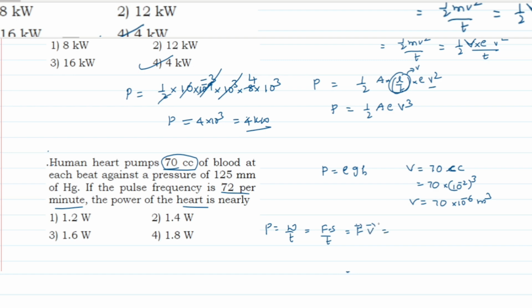Now you have to substitute pressure equals force by area. Instead of force you can take pressure into area, so it is pressure into area into velocity.